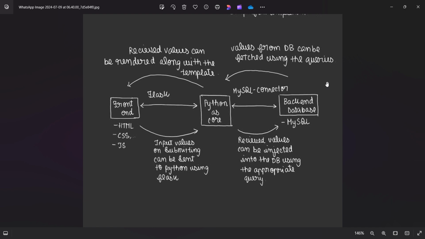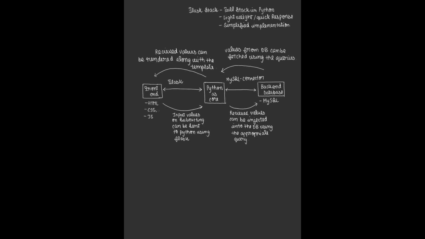To do the reverse process, fetching values from the database, we use the same MySQL connector and the select command to fetch the values and store them in a local Python variable, and use the Flask render template function and push it to the front end.